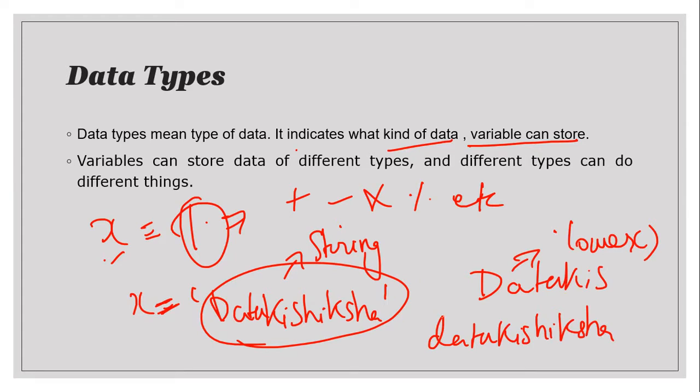We can break it, so if I want only data from there, that I can do. So I can do all these operations using the string kind of data. That is what it means by different types can do different things.